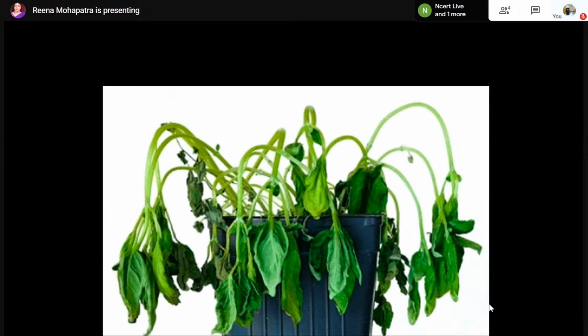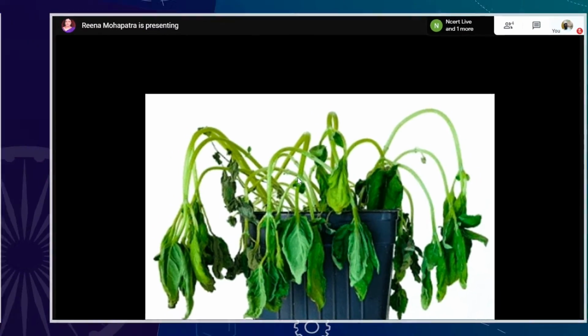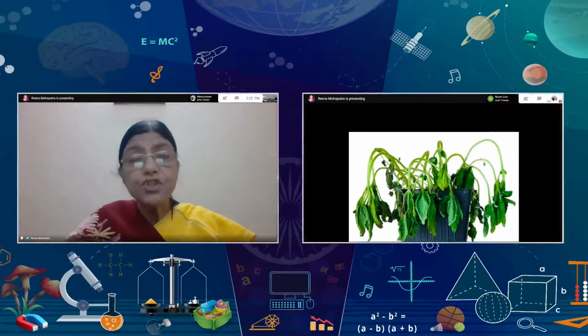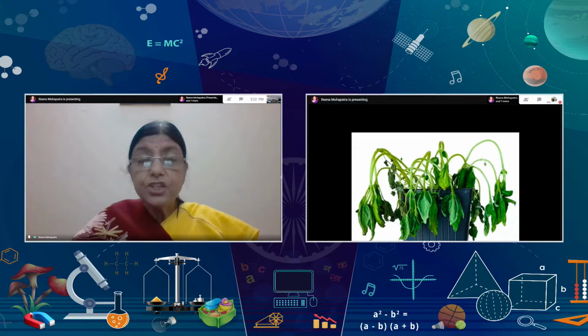Understand? Then you might have noticed that when you don't give water to a plant, it shows wilting. Look at this slide, plants have shown wilting. Why is wilting taking place? The reason is when water is present in enough amount inside the cell, the cytoplasm is pushed towards the periphery, towards the cell wall, because of the well developed vacuole.